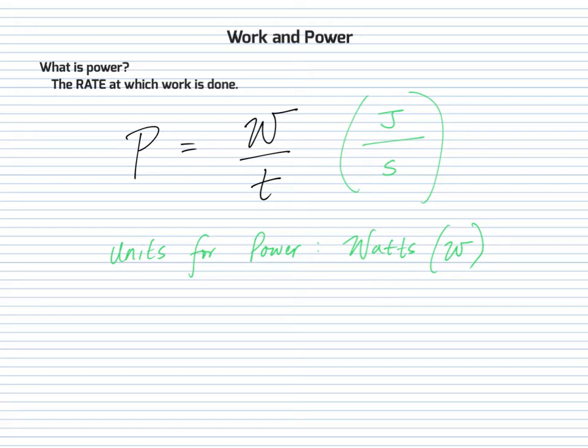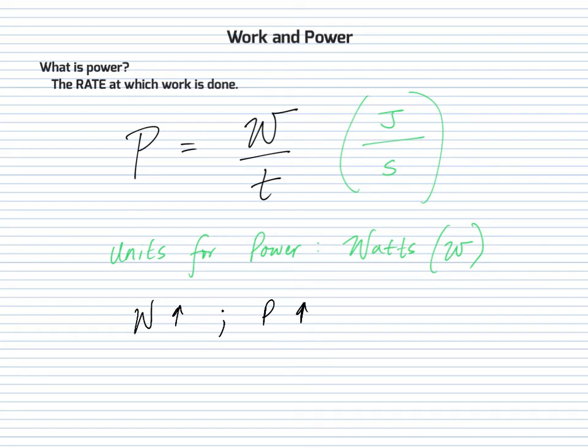But anyway, the main thing that I want us to know with power is how power can change based on these two variables. Because work is in our numerator, if work increases, then power also increases. If work decreases, then power decreases.